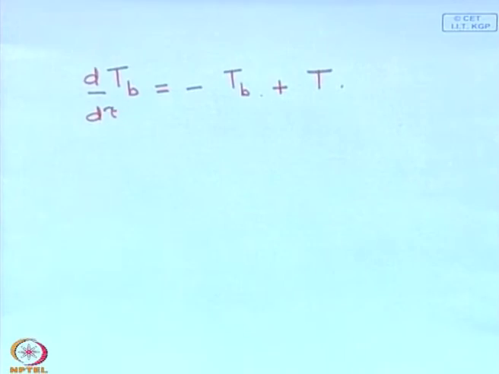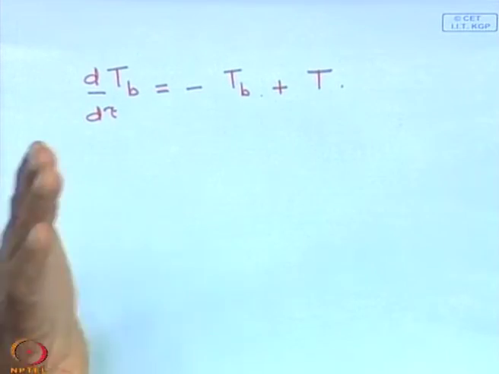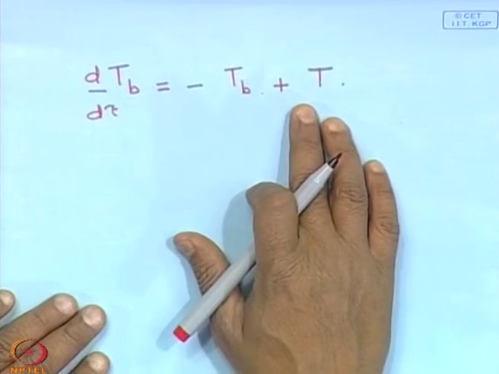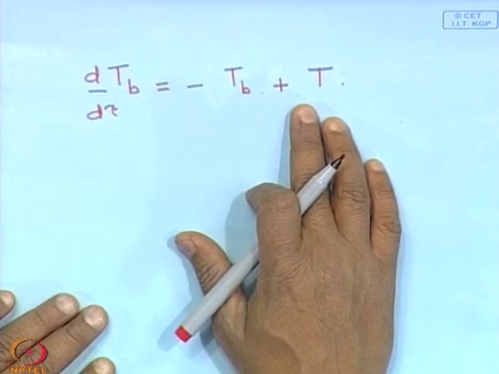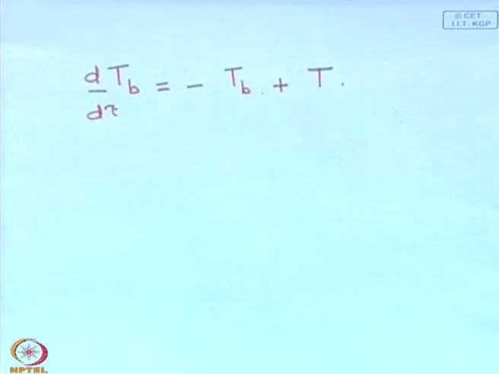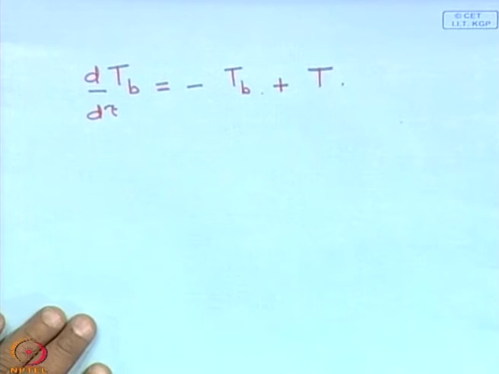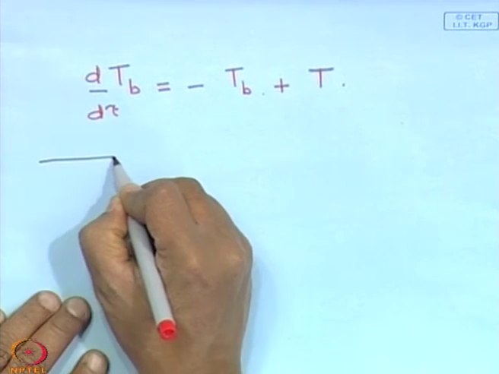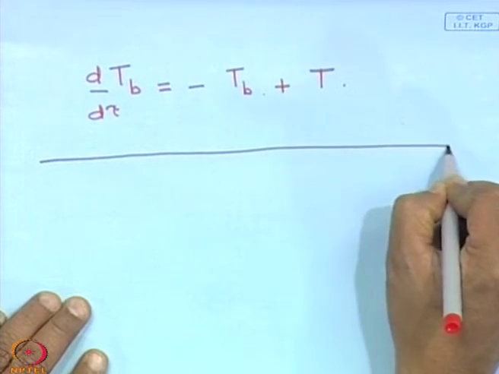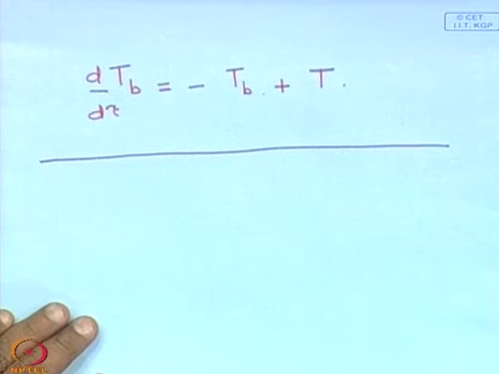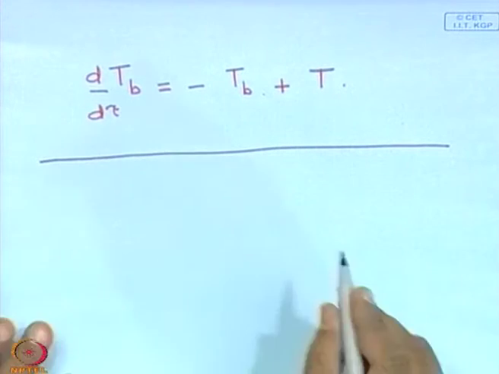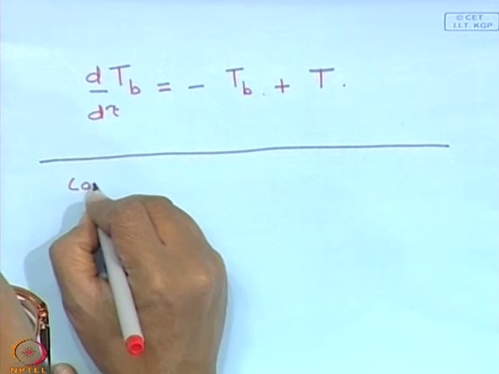So, whatever be the brightness temperature of the incident radiation, the brightness temperature of the radiation that comes out is essentially the temperature of the material. It is a black body with that temperature, black body spectrum. Okay, so, this is one of the temperatures. It is called the brightness temperature. Then we have another one which is called the color temperature.